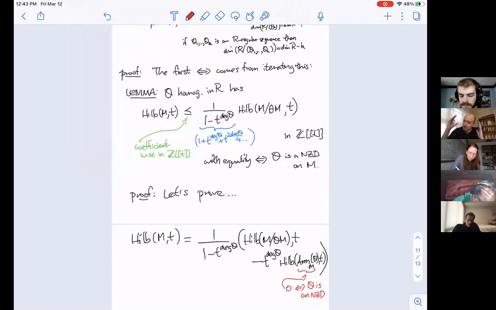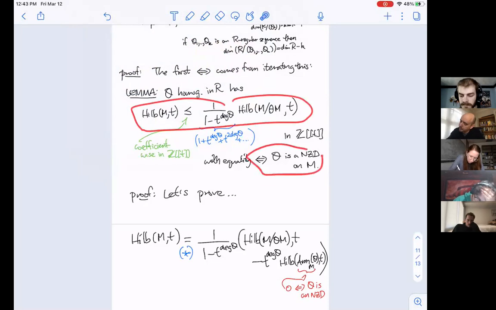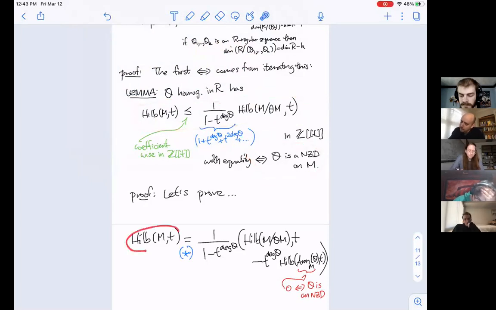Okay, so let's think about it for a moment. If we can prove this, let me just call this the precise equality statement, that proves this. Because the Hilbert series of this minus the Hilbert series of this is this times this, something which is non-negative. Sorry, I got that wrong.